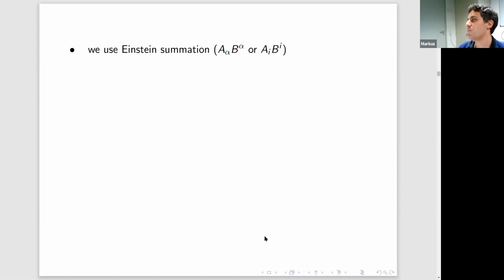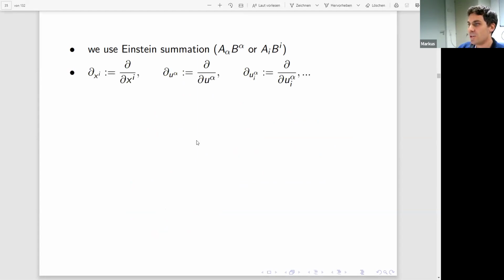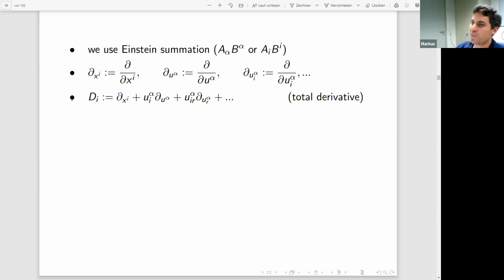And then let's do some more, I would say, obvious notation. I use Einstein summation, and I have the short notation for the partial derivatives. So I don't write the fraction, just d x and so on, d u. And there is this total derivative operator, which is the sum of these partial derivatives with specific coefficients in front.